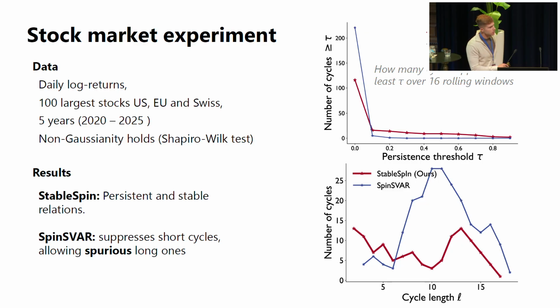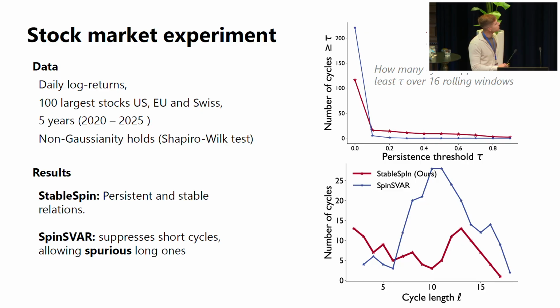So here in the same experiment, we wanted to compare stable spin with SpinSvar. And for this reason, we executed the experiment over 16 rolling windows. We wanted to see whether the cycles found by the algorithm occur in other windows too, or whether the cycles are stable along the execution of the algorithm.